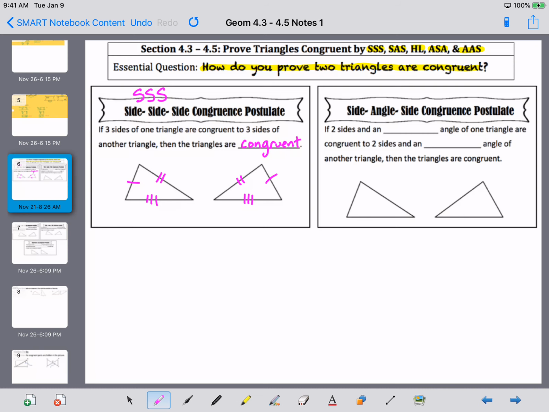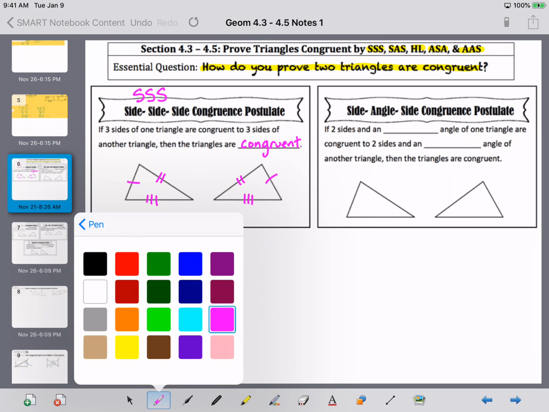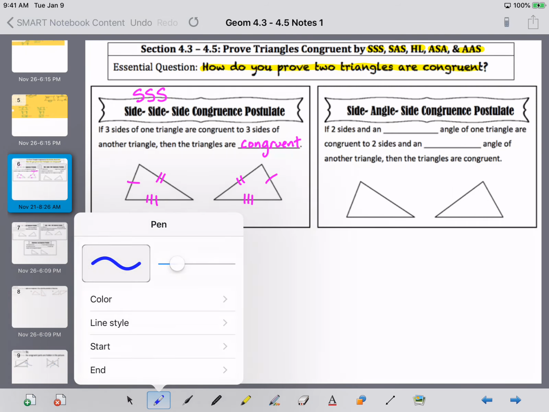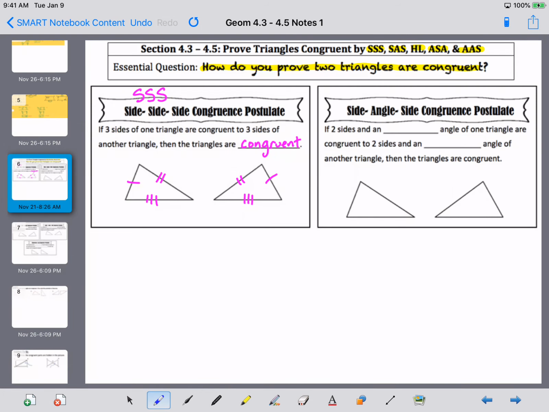All right. The second one tells us if 2 sides and an included angle, which means between the 2 sides of one triangle, are congruent to 2 sides and an included angle of another triangle, then the triangles are congruent.